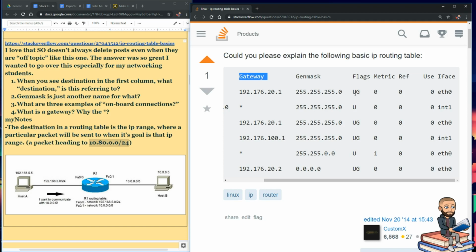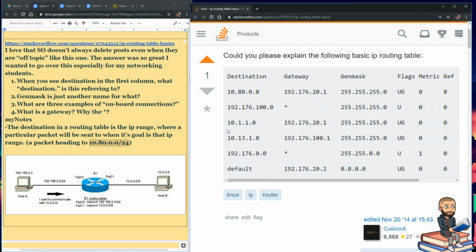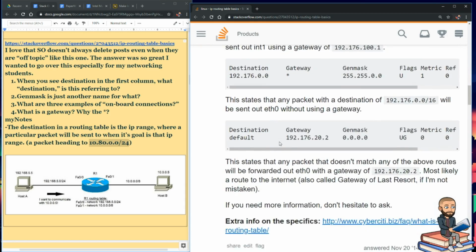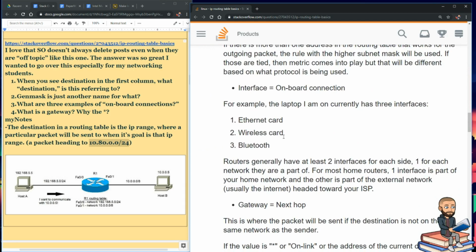Just know that U means it's up, so the possibility of it getting through is good because that network is up. The metric is a value for how good of a connection that is going through that particular interface towards that particular gateway. Let's skip these and go just to iFace as an interface. ETH0. I like the answer down here where the guy says that he has an Ethernet connection.